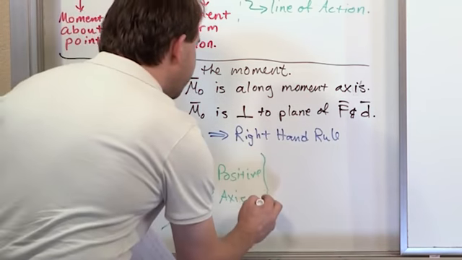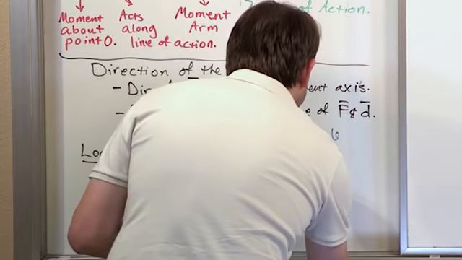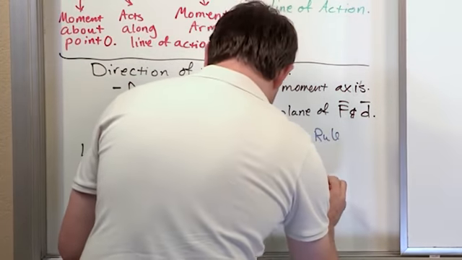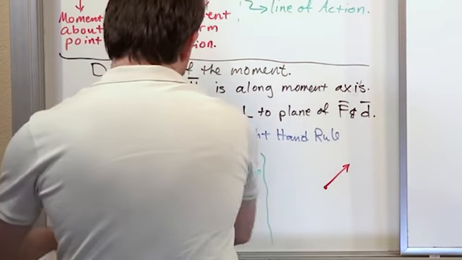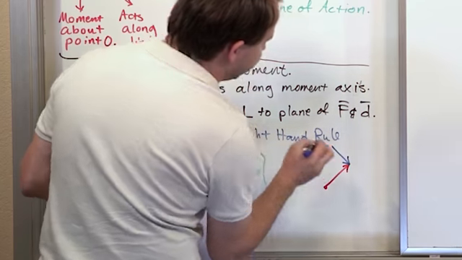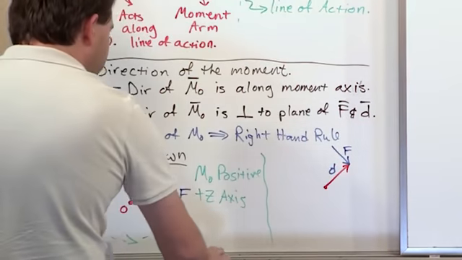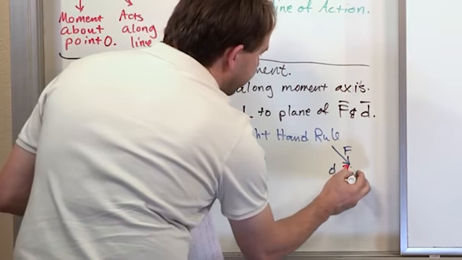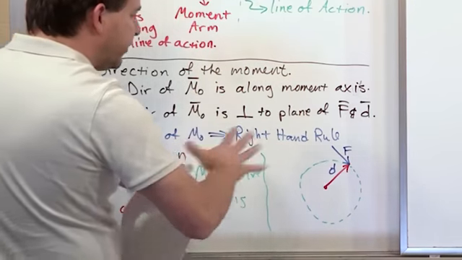Now let me contrast that with the other case. What if I have point O here and I have point D, and instead of going that way, I act on it with a force that's pushing this way? What's going to happen? So this is the force, and this is the distance. How is this thing going to rotate? Well, it's going to rotate like this. From the right-hand rule, I again use my right hand.